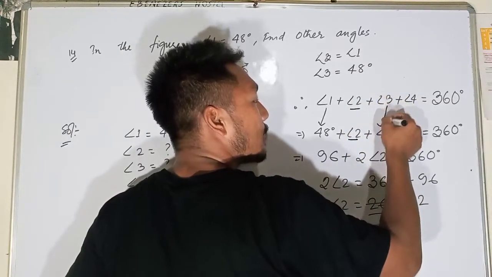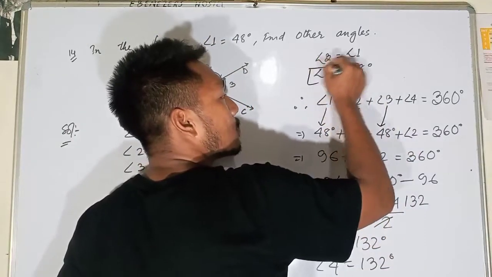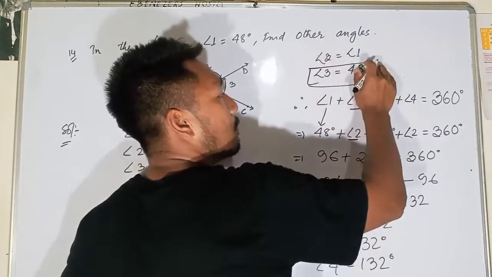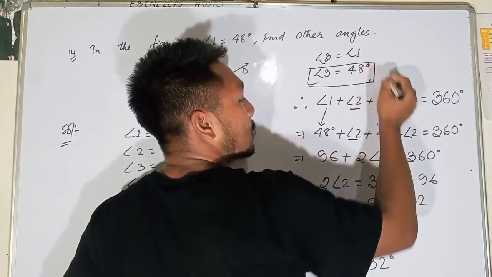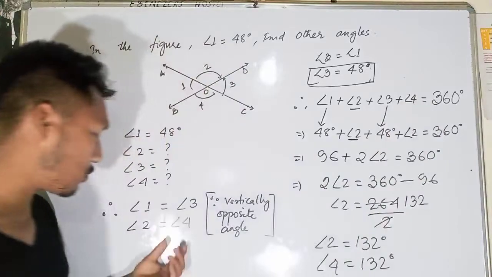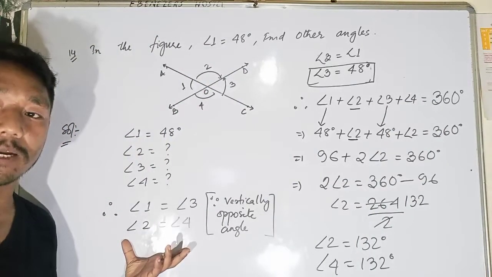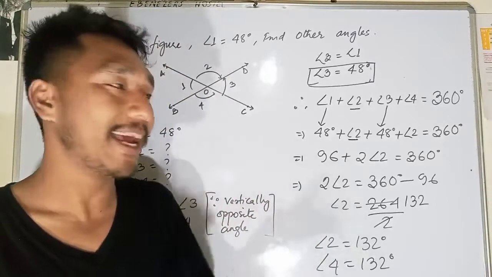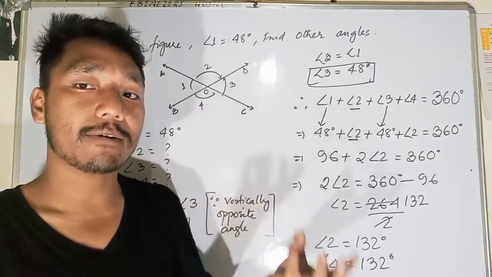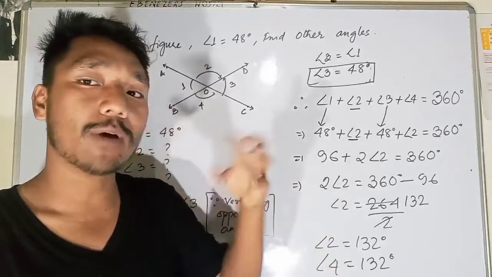Angle 3 we know is 48, as we have already found out. Angle 4 is equal to angle 2, so in place of angle 4 I can write angle 2, or in place of angle 2 I can write angle 4.